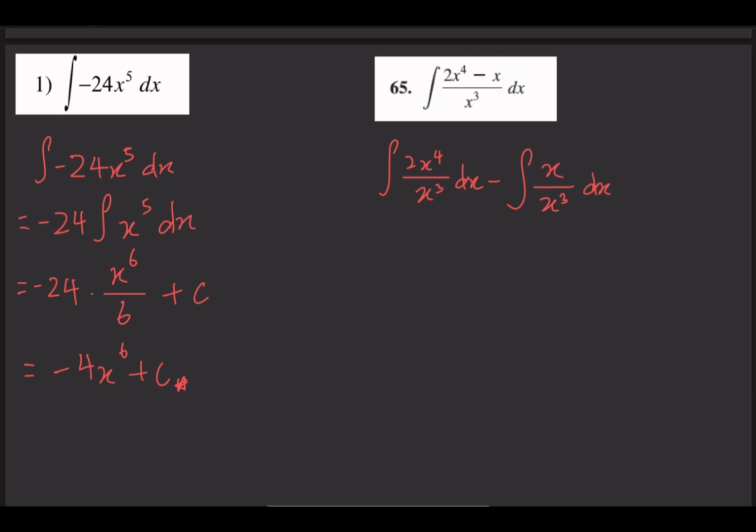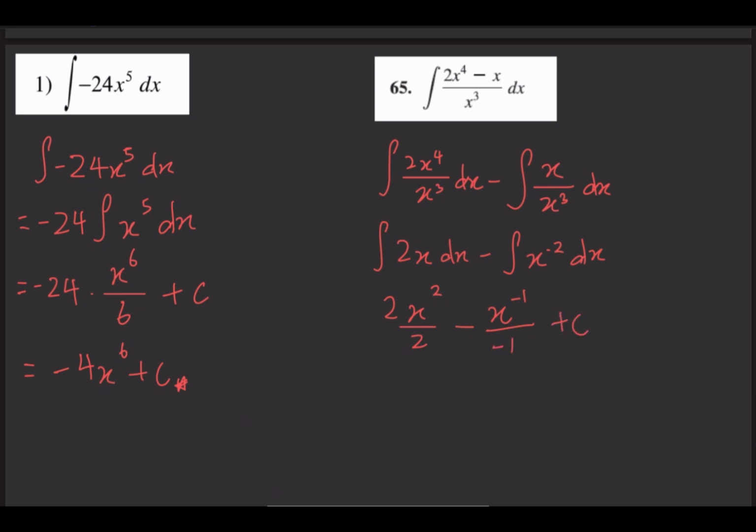We take the first part, and we take the second part. It's that simple. Now we can simplify to 2x dx minus x power of negative 2 dx, and then what we get is 2 multiplied by x squared divided by 2 minus x power negative 1 divided by negative 1 plus c.